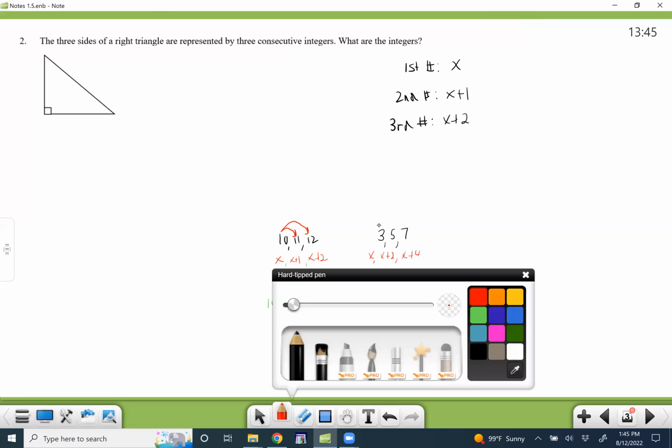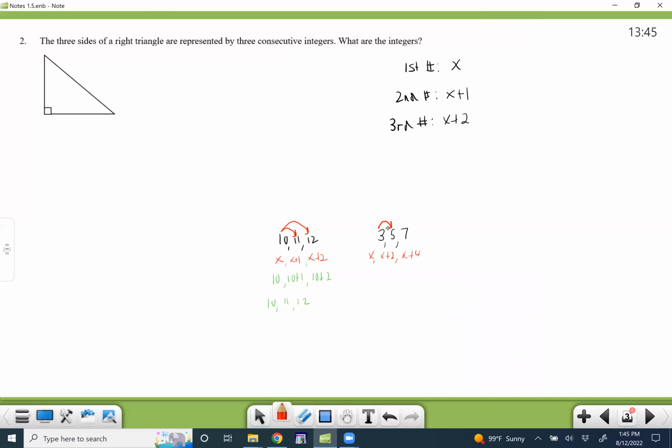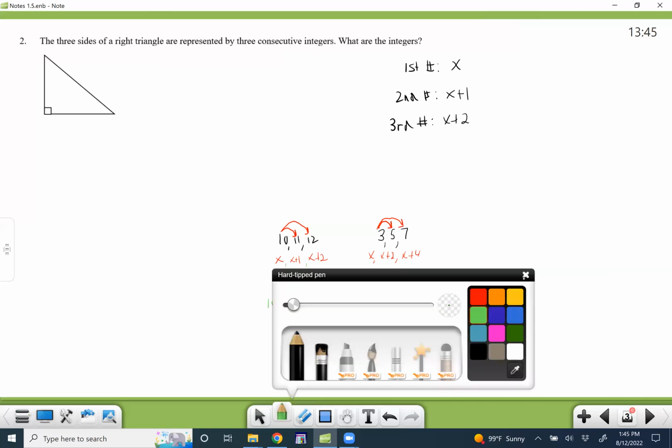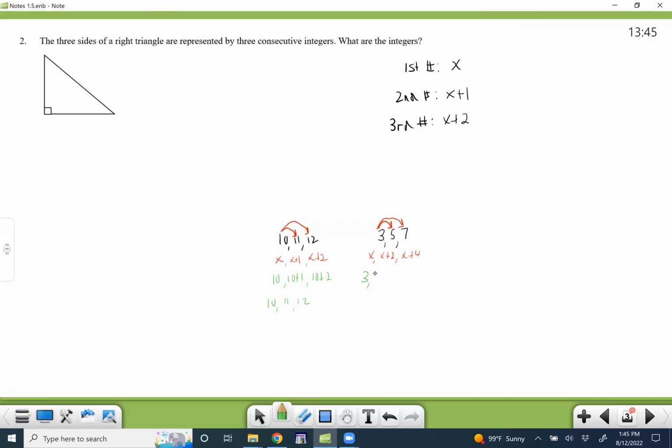And that is because 5 is 2 spaces away from 3, and 7 is 4 spaces away from 3. So if x is 3, the first number is 3, you would get 3, 3 plus 2, and 3 plus 4. So there's your 3, 5, 7.